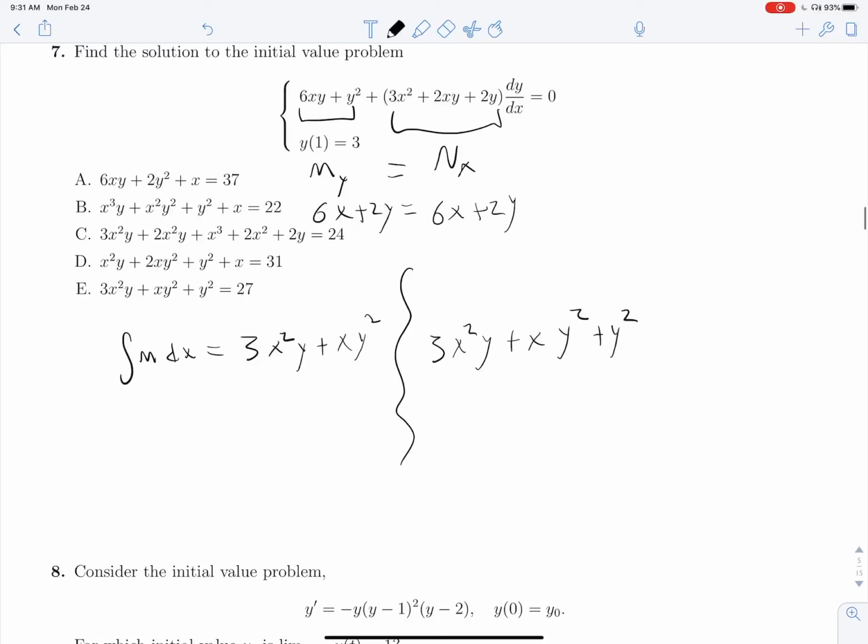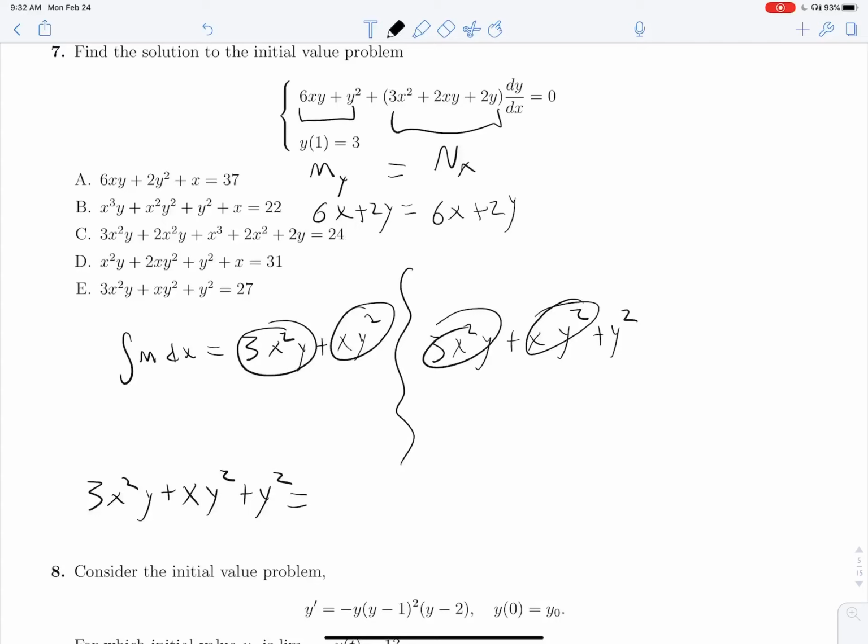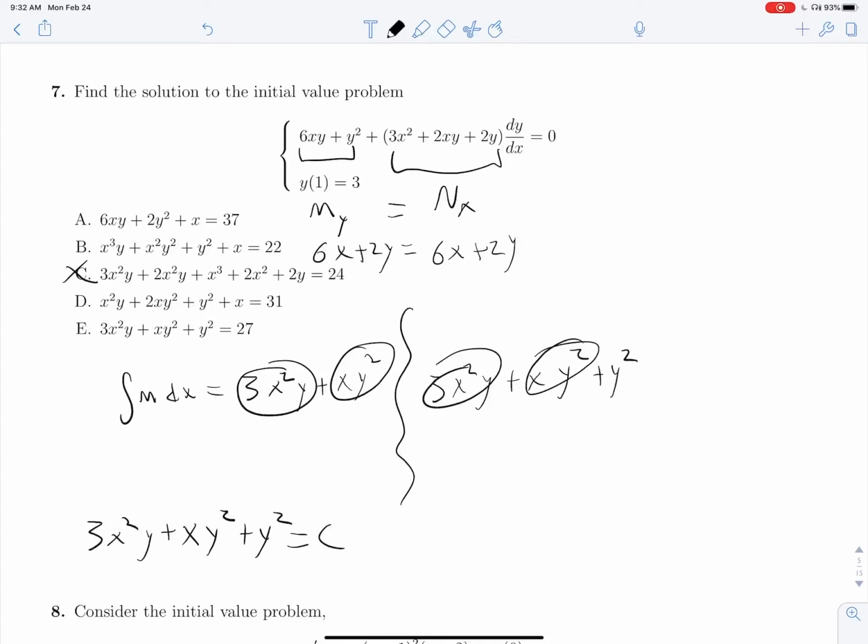Since we only count the overlap between these once, you can remind yourself why with the potential function stuff that we saw back in Calc 2. We can combine these. We see that there's overlap here and overlap here, so we'll only count each of those once, and we will get 3x squared y plus x y squared plus y squared being equal to c. And so just based on that, we can choose our answer.